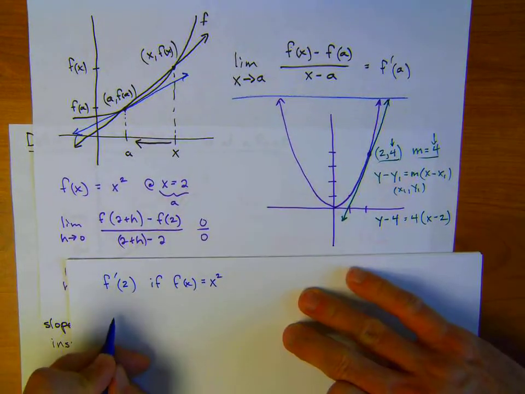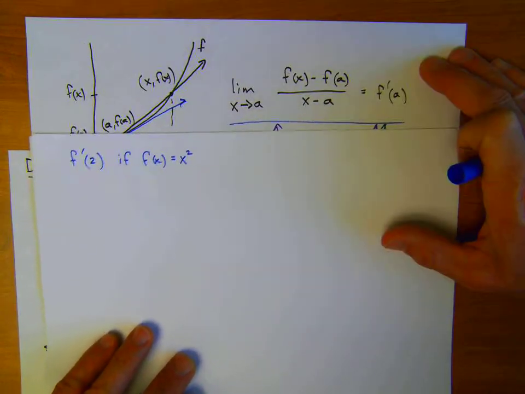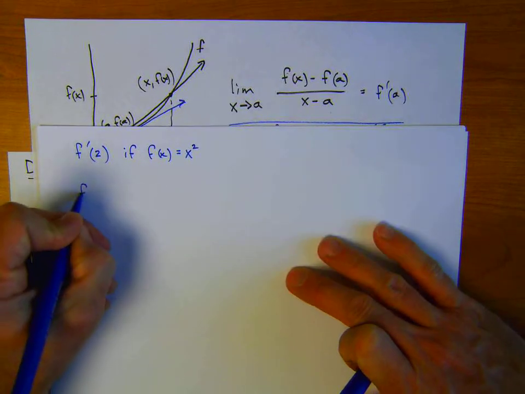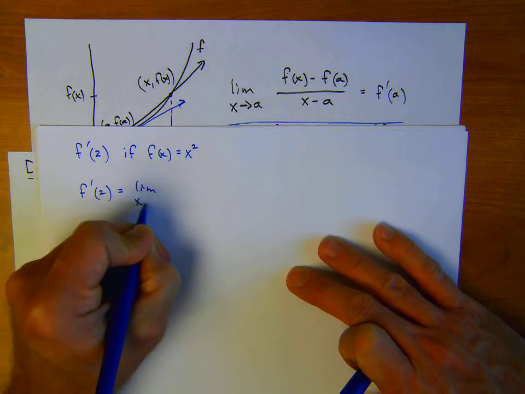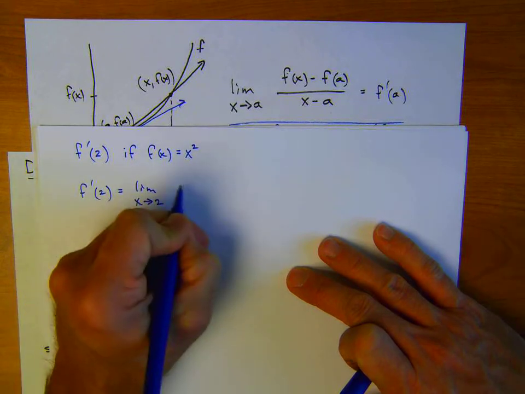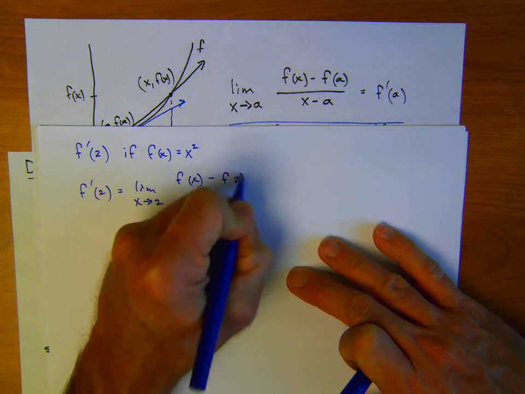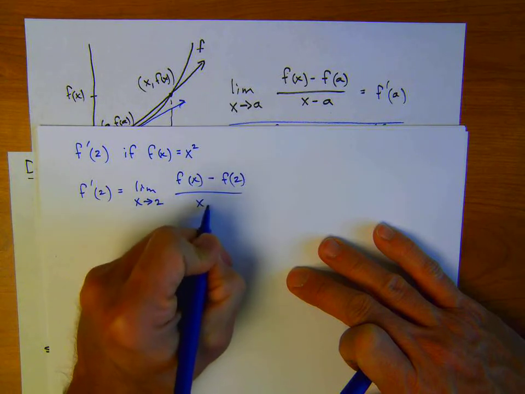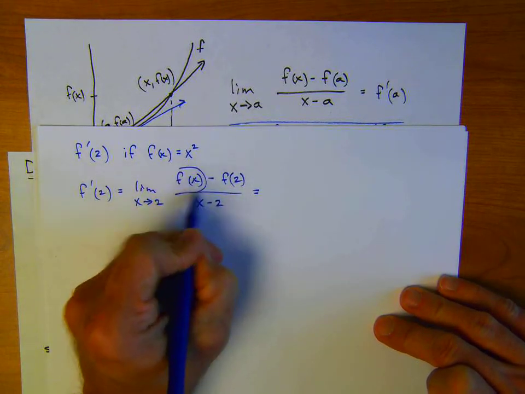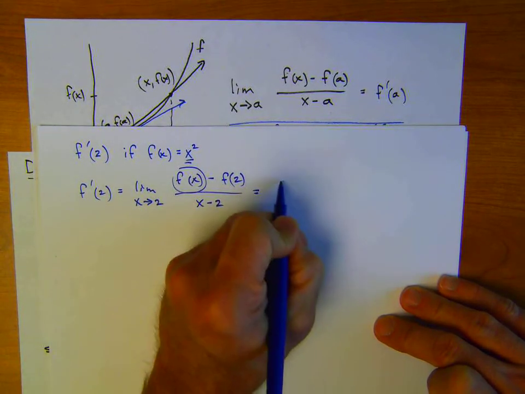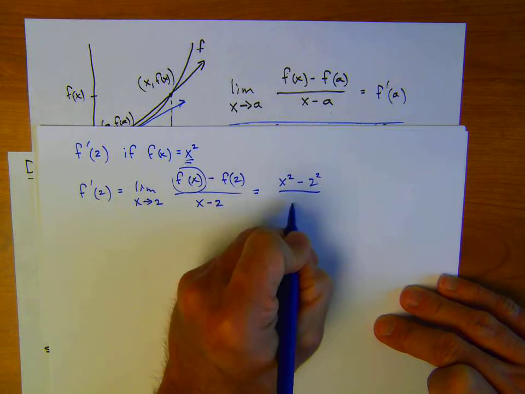So we can say down here, using this formula, f prime of 2 equals the limit as x approaches 2 of f of x minus f of 2 over x minus 2. Now f of x is x squared, so I'm going to put in x squared, and f of 2 is 2 squared, over x minus 2.